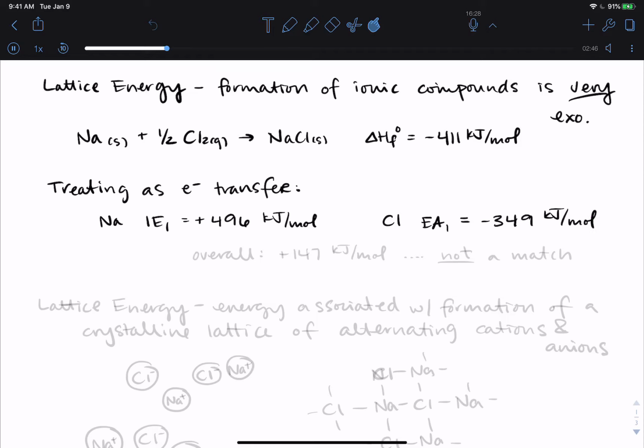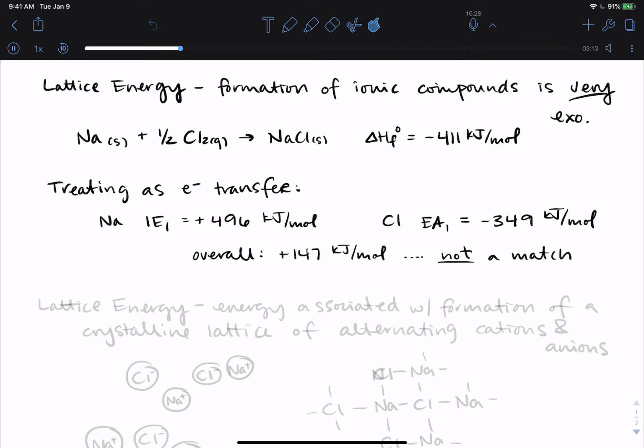And if we just add those together, right, so think of Hess's law. Overall, add them together, we get plus 147 kilojoules per mole. This is not a match. So something else is happening in our ionic compound that is making its formation very exothermic.